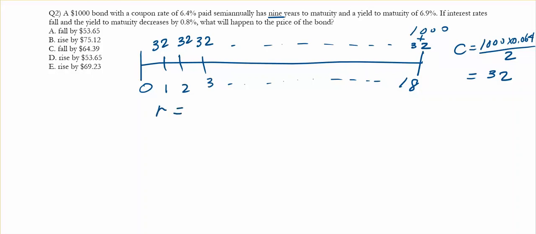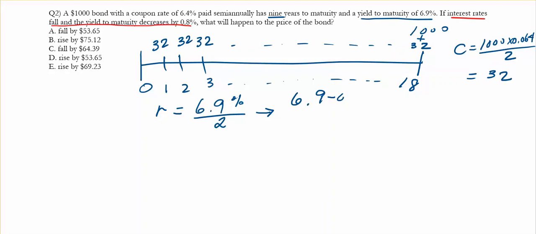The yield to maturity currently is 6.9%, but then it tells us that interest rates fall and yield to maturity decreases by 0.8%. This means that we need to find the price of the bond. A yield to maturity of 6.9% on a semi-annual basis, so you split that in two, and then it's going down by 0.8%.